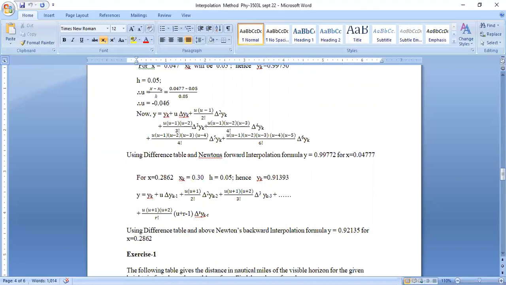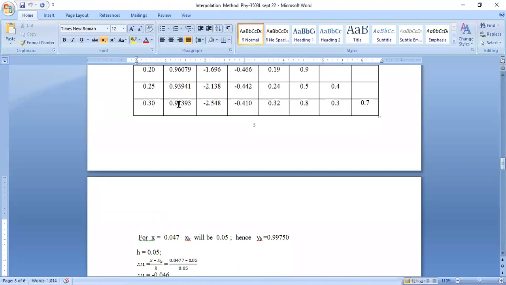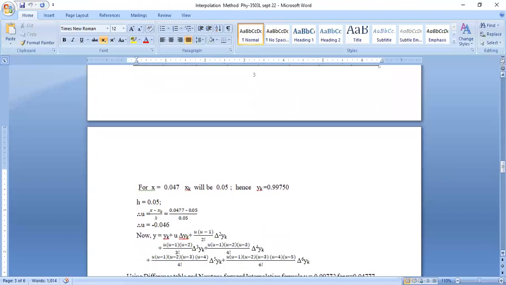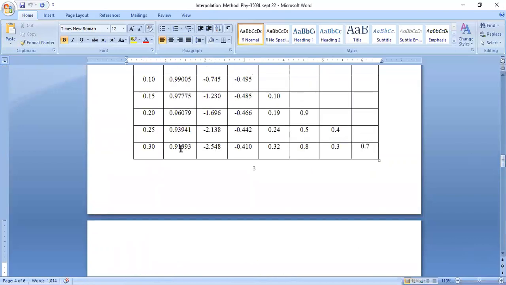You can verify, because for 0.3 your value is 0.91393. So naturally your value must be less than 0.91393, which you can see here. So this value is 0.92135, which you are getting, and here you see this is 0.93.